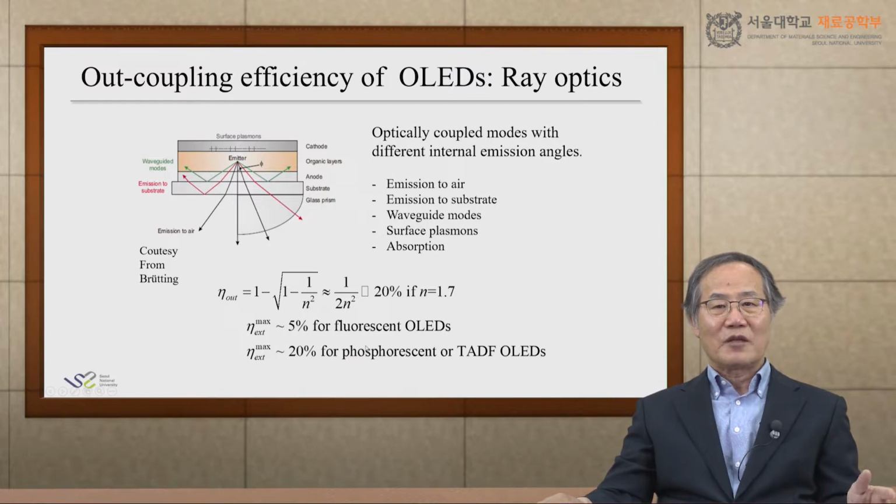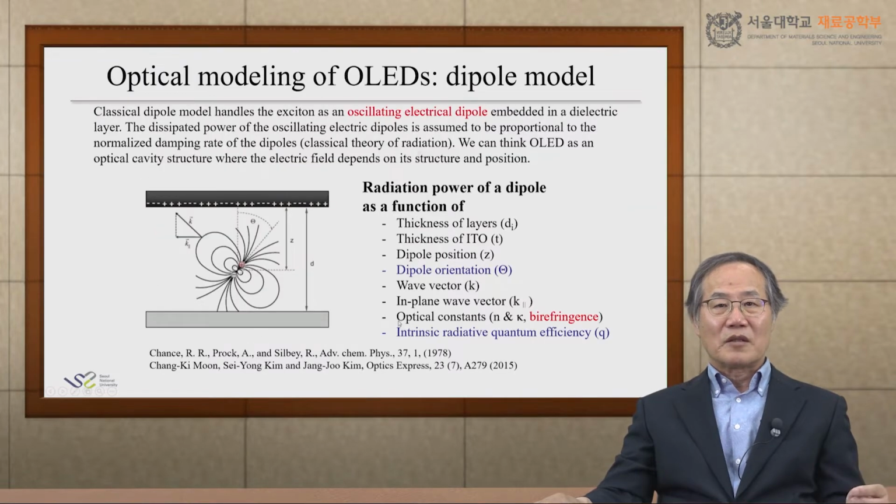So people had believed the maximum EQE limit is 20%, up to 10 years ago, in many cases. And many papers describe the maximum EQE achievable in OLED as 20%. But it turns out that that model is too simple to describe the characteristics adequately. Instead, the classical dipole model turns out to be more adequate.